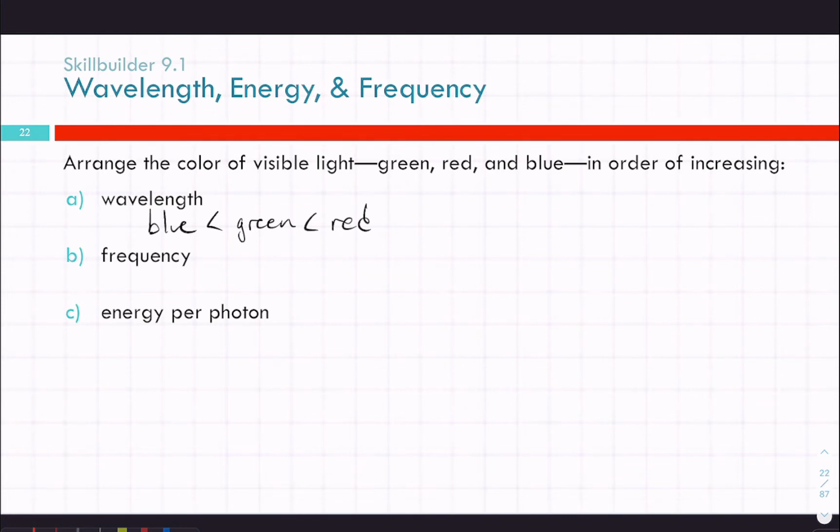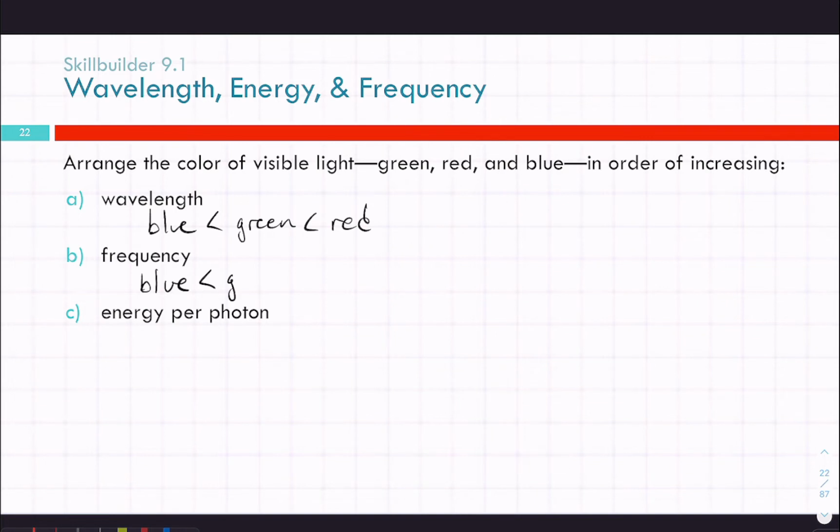Okay, if we have the wavelength now, what is the frequency order? So we want increasing with the shortest frequency first. Blue has the highest frequency, yeah.